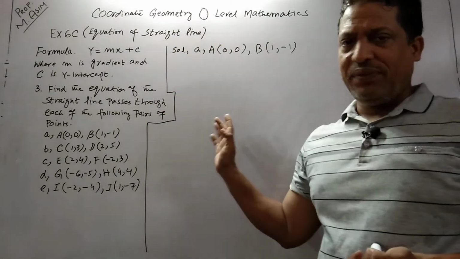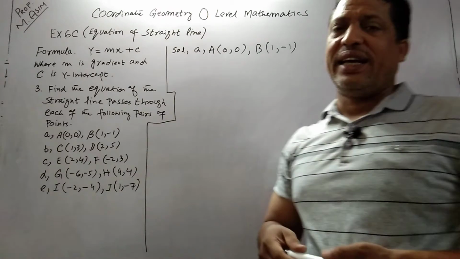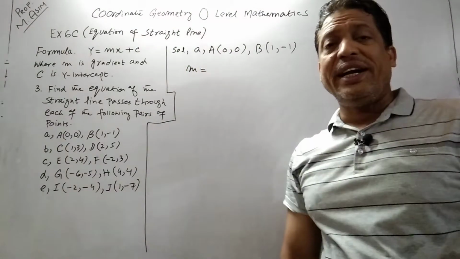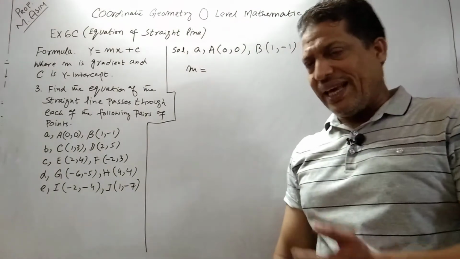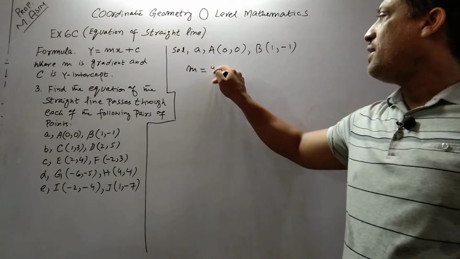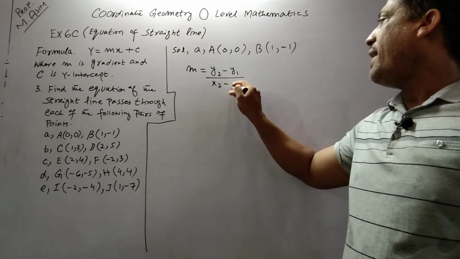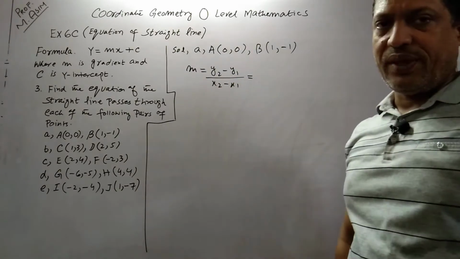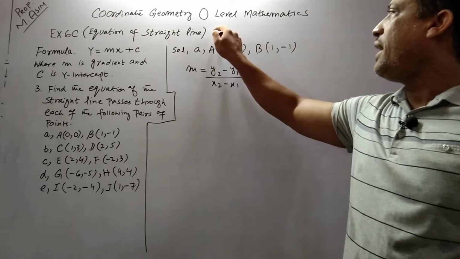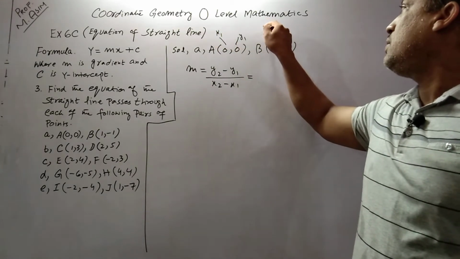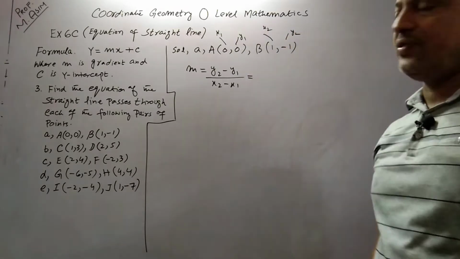What is the procedure? First we have to find the gradient. The formula of gradient, which we have already done in exercise 6A, is y2 minus y1 over x2 minus x1. This is x1, this is y1, this is x2, this is y2.